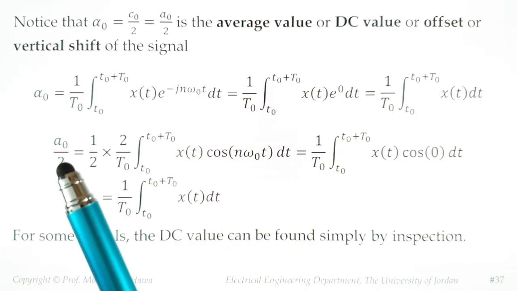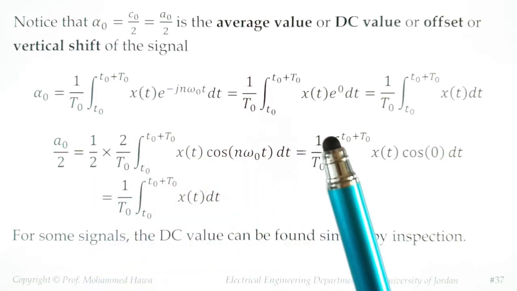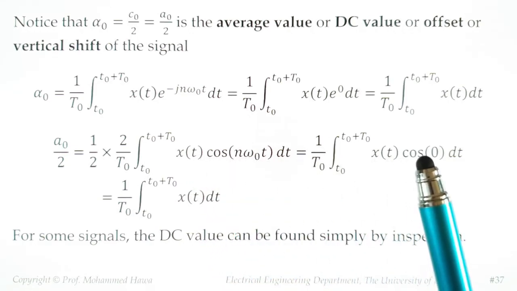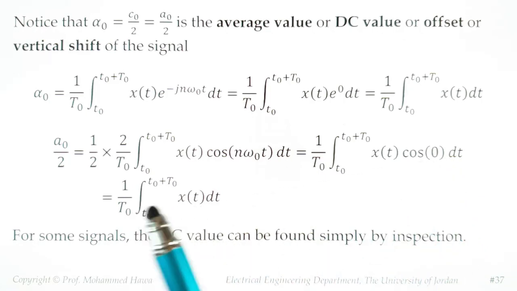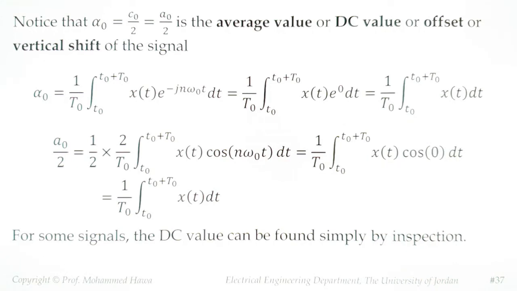Because I divide by 2 here, this 2 will cancel out. You get 1 over T naught integral x of t cosine 0. What is cosine 0 radians? It is 1, and you end up with the same integral for the average. It's the average of x of t, not the average of x squared. It's the average value, or the DC value, of the signal.